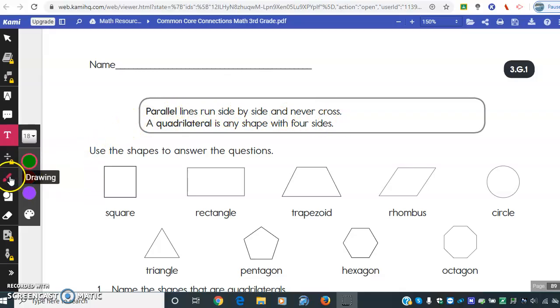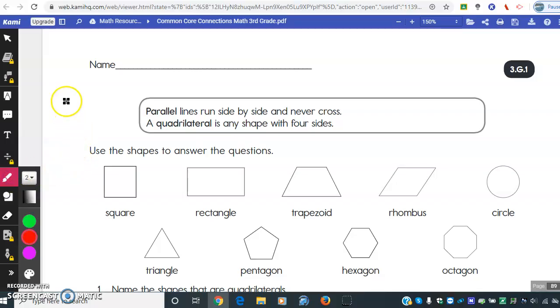So I want to remind you how parallel lines go. They can be straight up and down. They can be diagonal. As long as they're going the same direction, and they're never going to cross, we call them parallel.